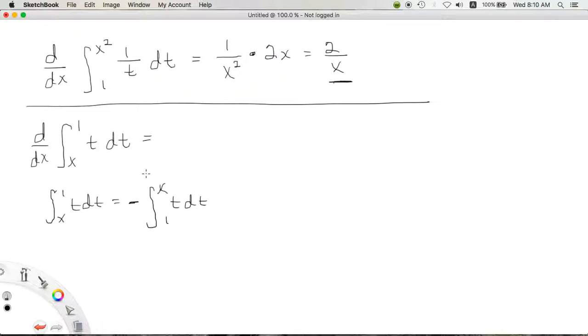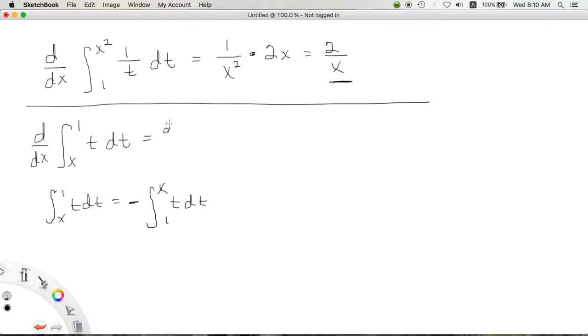That's one of our rules we talked about for definite integrals. So what we need to do is use this so that we can get our variable as the upper bound. Because for the fundamental theorem of calculus to work, you have to have a constant on the lower bound and a variable equation of some kind on the upper bound.